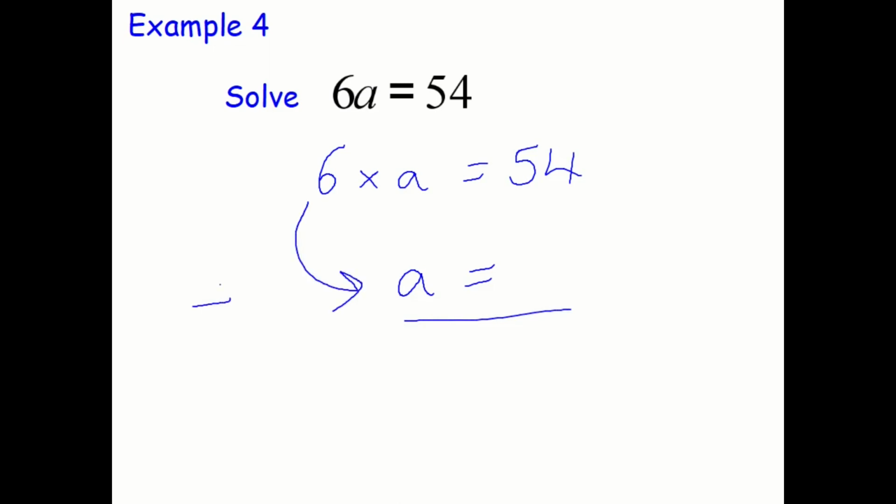I need to undo that multiplying by 6. And how do I undo multiplying by 6? I divide by 6. And 54 divided by 6 is 9. So my solution there is a is equal to 9. And again, you can always substitute that number back in, do 6 times 9, and you would get 54.